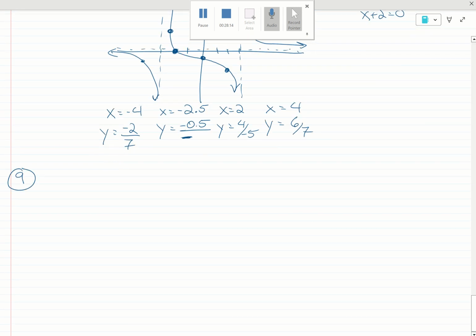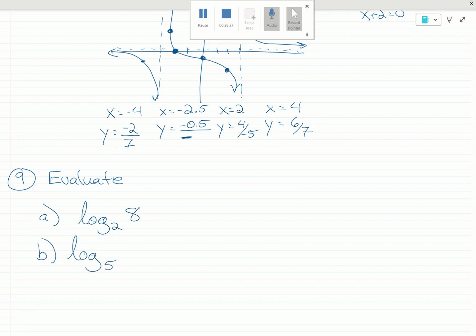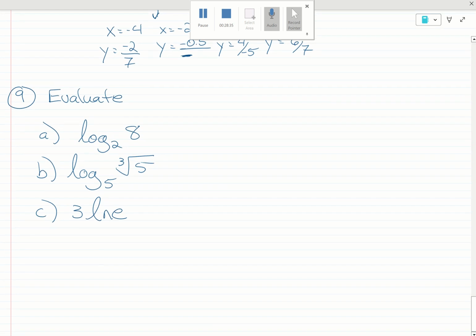For number 9, we're going to evaluate logs. Let's say we had log base 2 of 8, log base 5 of the cubed root of 5, 3 times the natural log of e, and then let's do the log of 1.